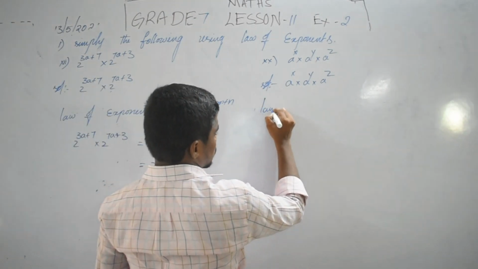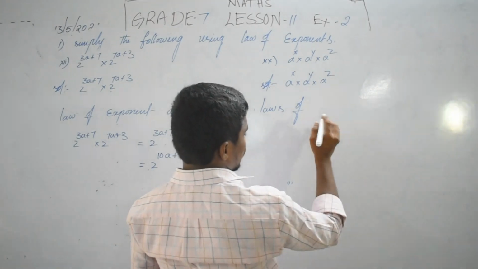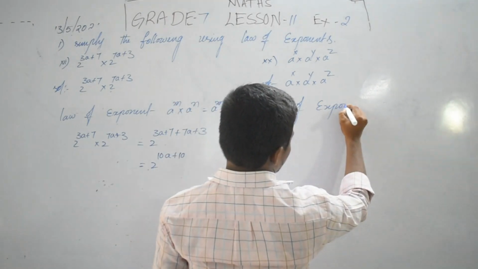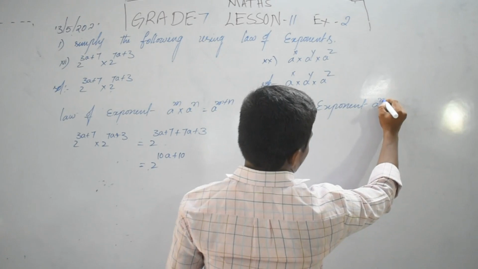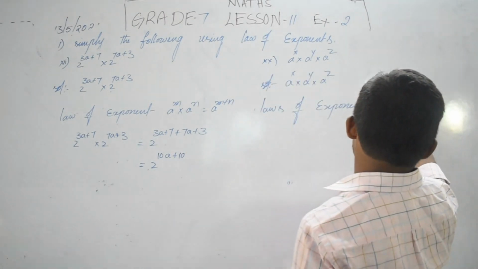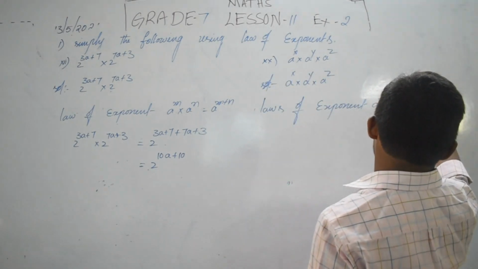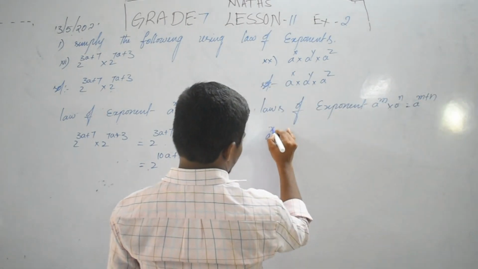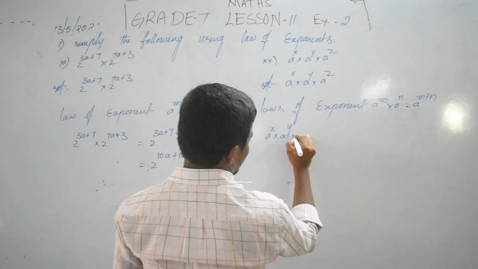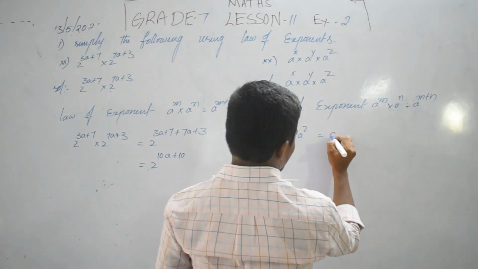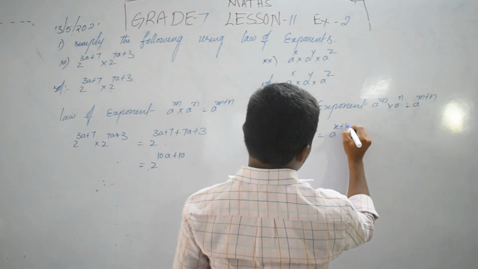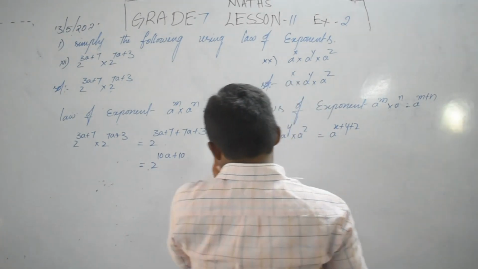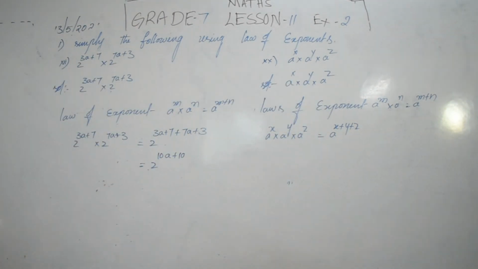In all these problems just one or two laws are used. a power m multiplied by a power n equals a power m plus n. Here a power x multiplied by a power y multiplied by a power z equals a power x plus y plus z. That is right.